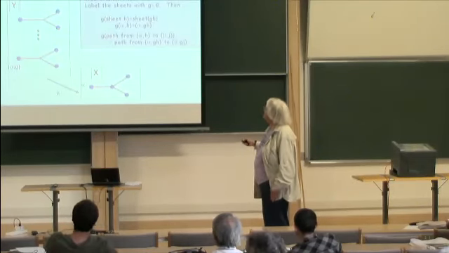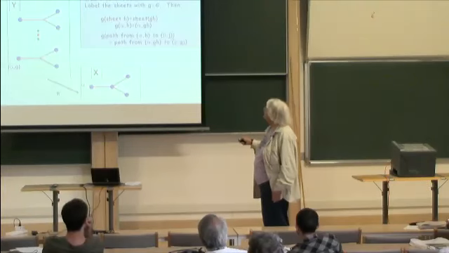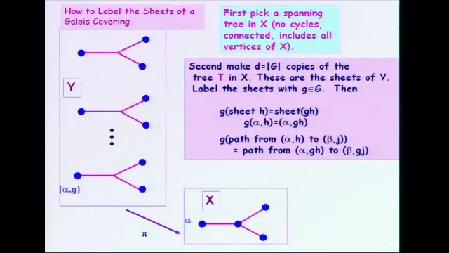Anyway, so if we ignore those dots there, suppose we have 3 copies. We want a 3-sheeted covering. Now we're going to think the Galois group acts on the covering in a simple-minded way. So I'm going to label the vertices down below with Greek letters, and in the covering I'm going to label the vertices with Greek letters and group elements.